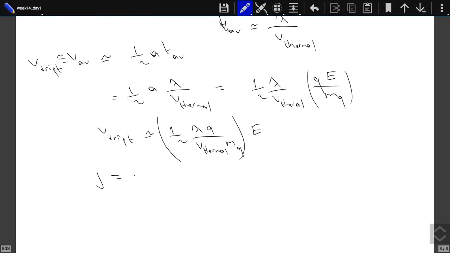J, which is the charge density, let me put rho Q, meaning it's the charge density times the velocity of these charges, which on the average is the drift velocity.